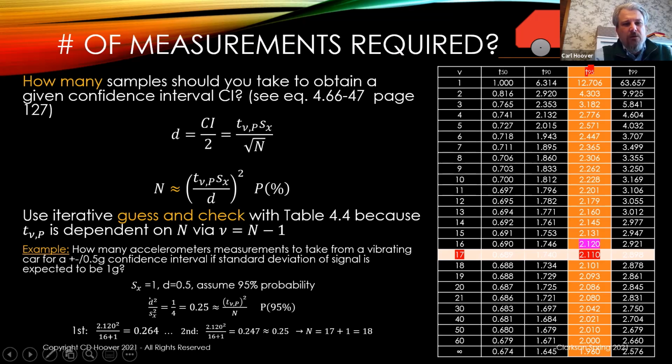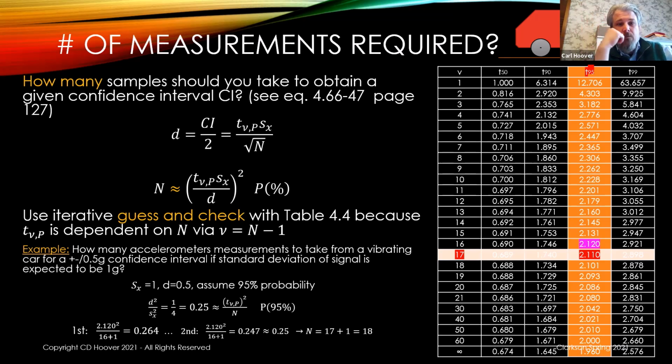Standard deviation was 1, and D is 0.5. So where do we get that from? Yeah, expected signal of 1 G. If the standard deviation is 1 and confidence interval about the mean is plus or minus 0.5 G. So the confidence interval plus or minus 0.5 is really just 2 times 0.5 or 1.